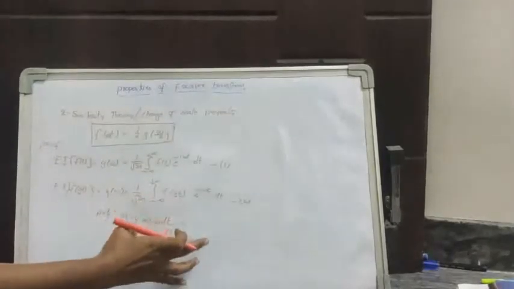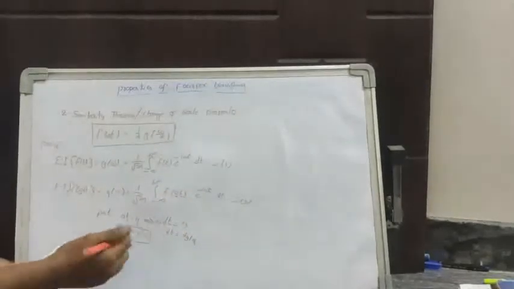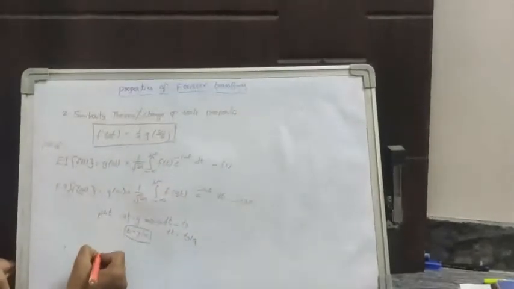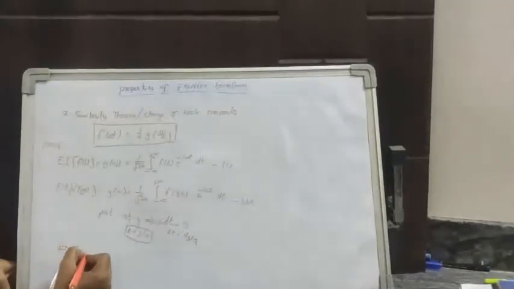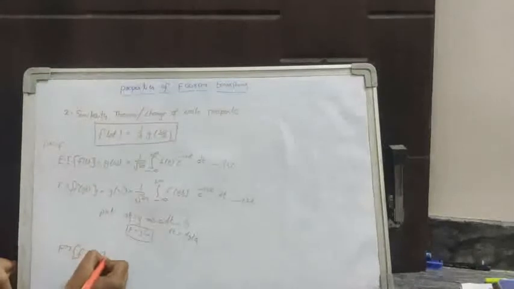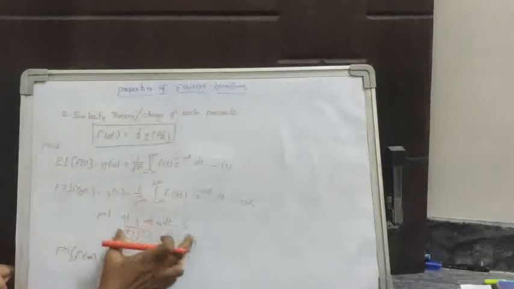So we substitute those parameters in the above equation. Now the Fourier transform of f of at is equal to g of omega, so I am not going to change the LHS. I am just going to substitute those parameters on the right side.